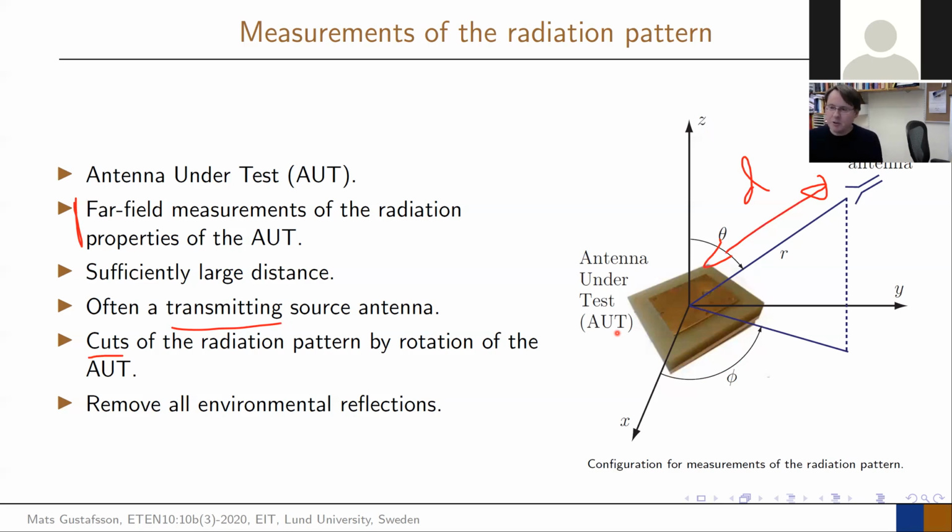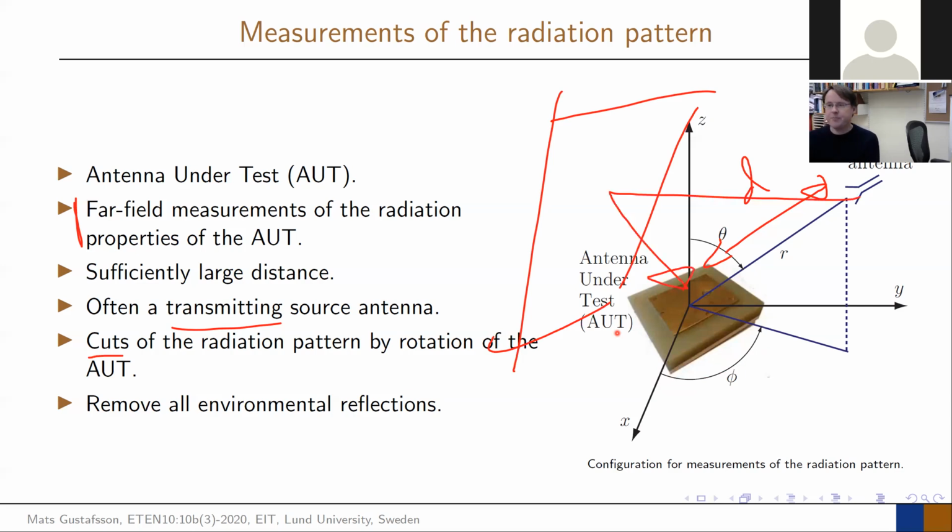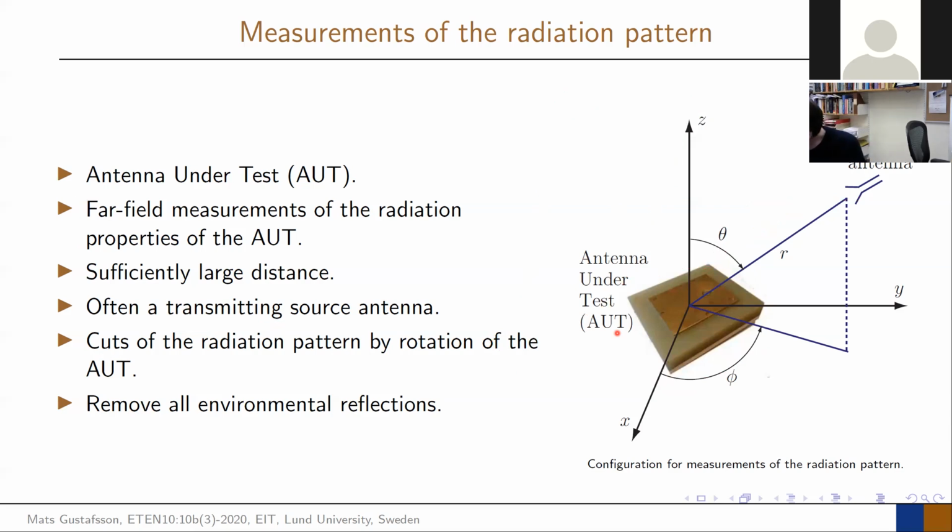Now if you do these measurements and you have a building here, you might have a wall here, then the signal might bounce off this wall. So if you're doing this in an indoor environment, or an outdoor environment where you have ground, the propagation from the source antenna to the receiver doesn't have to take this direction.